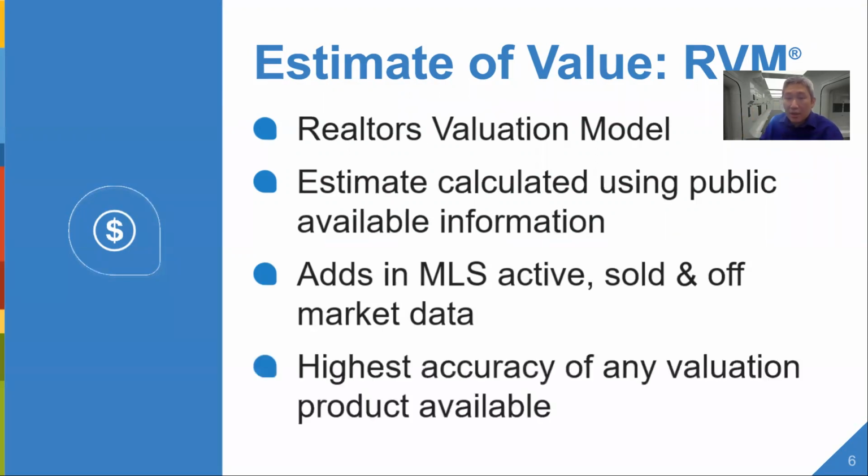So it combines all three. According to NAR, it gives a higher accuracy of valuation because people don't know what's on the market with active listings, and the public records only give you the solds, the sales.